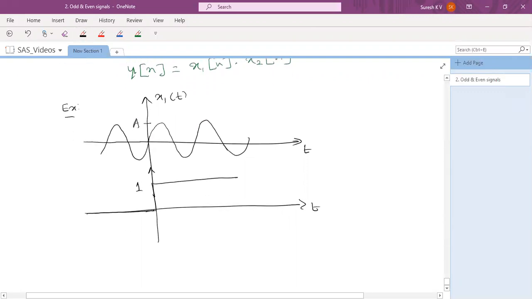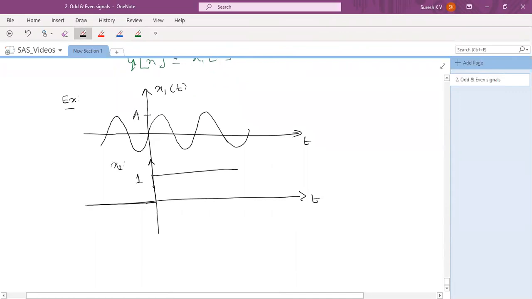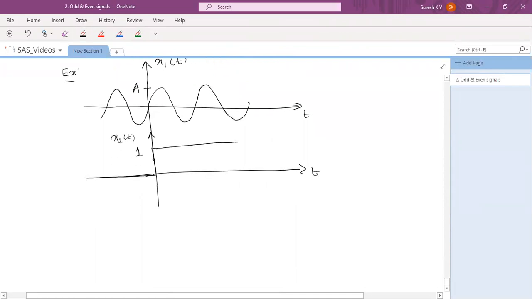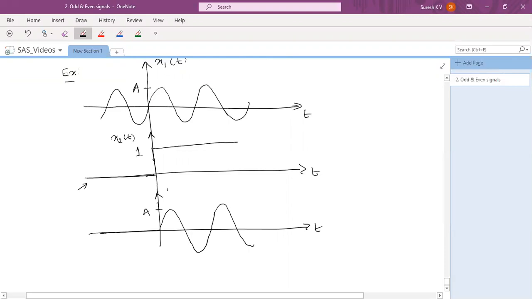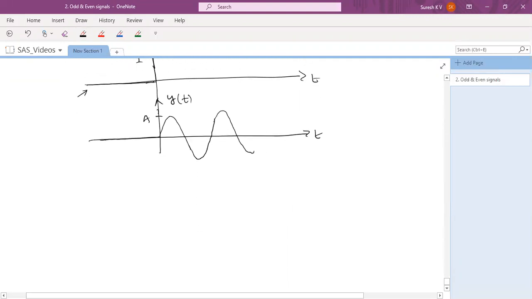When I multiply these two signals, for all the negative values of time t, since x2 of t is 0, and 0 into anything is 0, the output signal will be 0 here. The positive value of the signal is multiplied with plus 1, so I'll get a signal of this nature. This will be y of t. This is how you can perform multiplication of two signals.